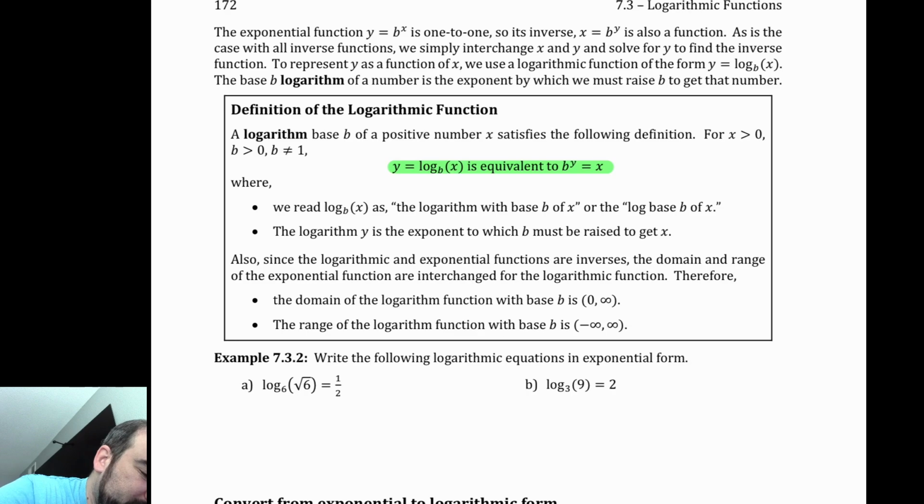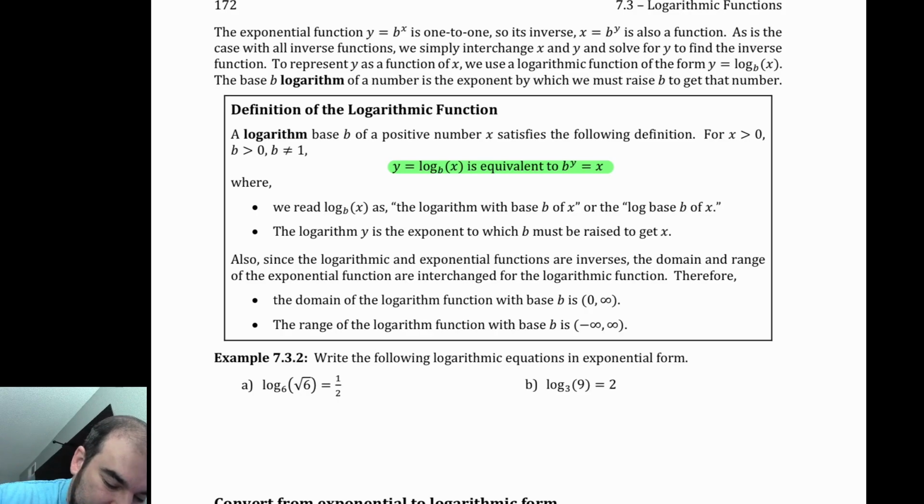And how that works, we'll see some of the properties of logarithmic expressions in 7.5. But before we get to that, essentially how this works is if you start with an exponential function and you want to get this y isolated, there's not a real nice way of doing that because we don't have any tools for that.